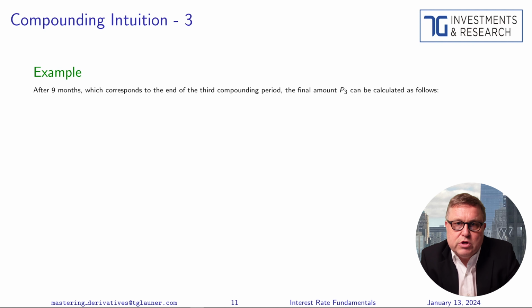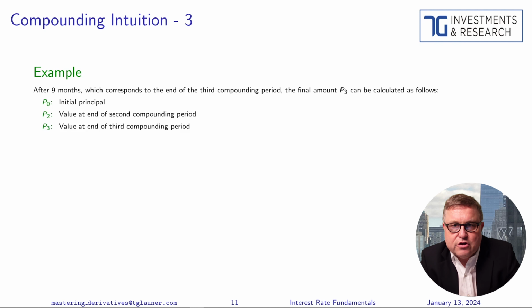Now, we are reaching our third quarter. After 9 months, we apply our definitions consistently to find that each new value of principal, Pi, becomes a function of both time and compounded growth rates from previous periods. We aim to compute P3.